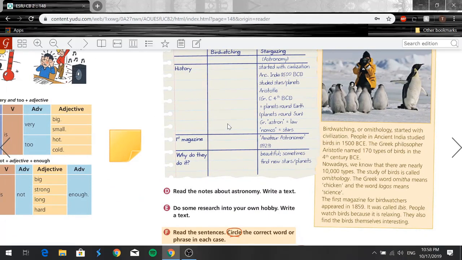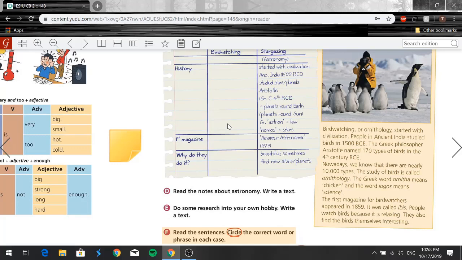Ornithology, started with civilization. People in ancient India studied birds in 1500 BCE. The Greek philosopher Aristotle named 170 types of birds in the 4th century BCE. Nowadays, we know that there are nearly 10,000 types.